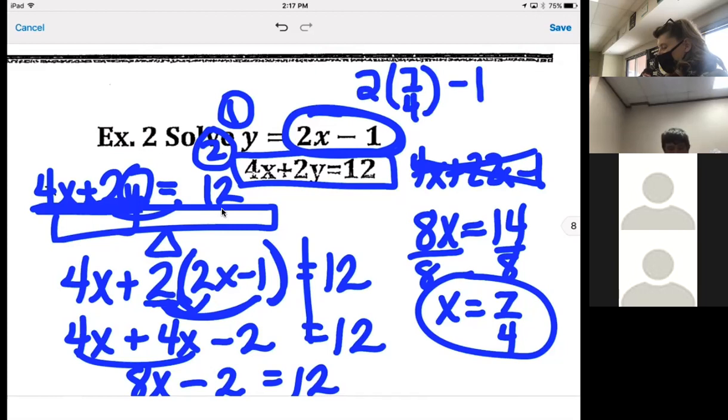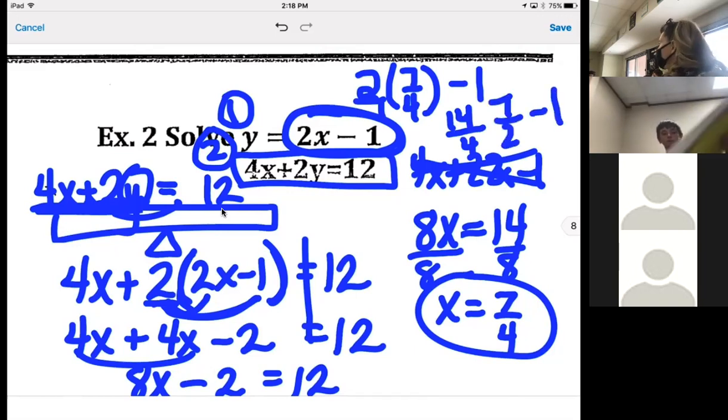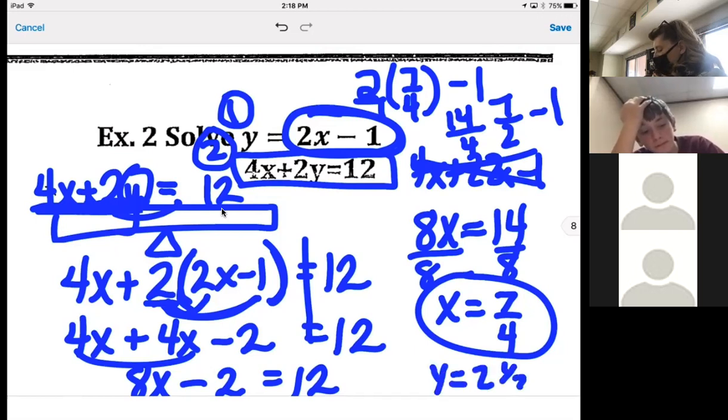We're turning the 2 into a fraction. We get 14/4, which is 7/2, right? 7/2 minus 1. And you get 5/2, which is 2.5. Because 7 minus 2 is 5, and then you still have a numerator and denominator.